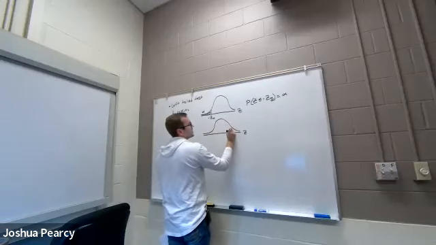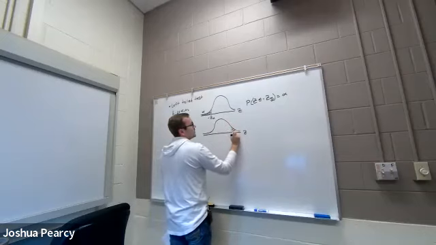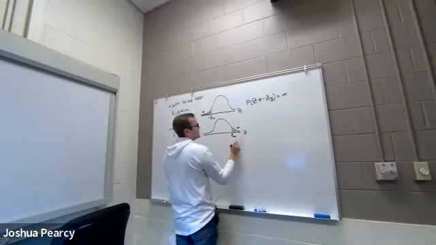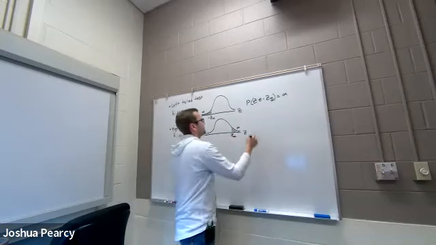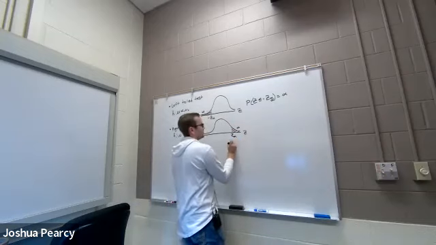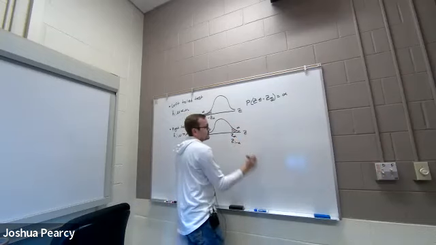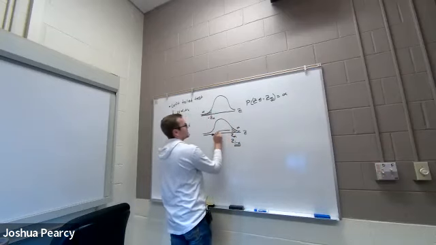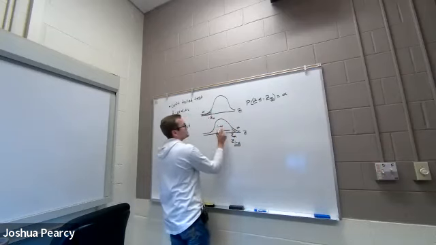In this right-hand tail here, the area to the right of that is equal to alpha, and you call this positive Z alpha, or you can call it Z of 1 minus alpha, because the area to the left of this would be 1 minus alpha.